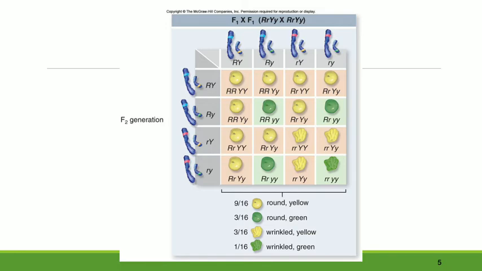So when that plant makes eggs and sperm, some of the eggs and sperm will get one of the round, one of the yellow alleles. Some will get a combination of round and green allele. Some will get wrinkled and yellow allele, and some will get wrinkled and green allele.